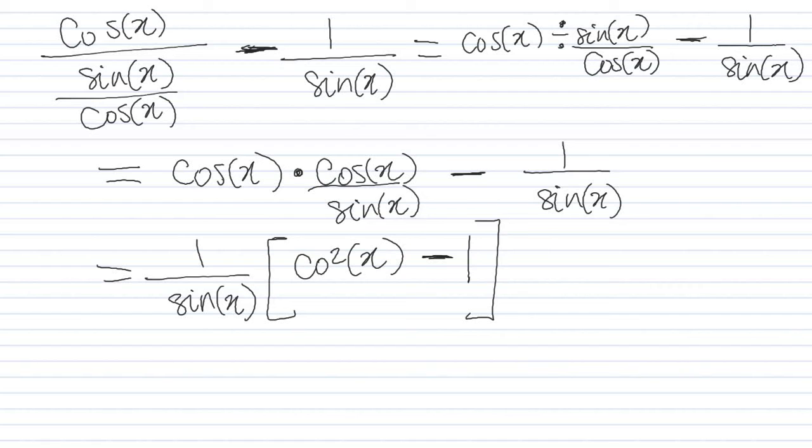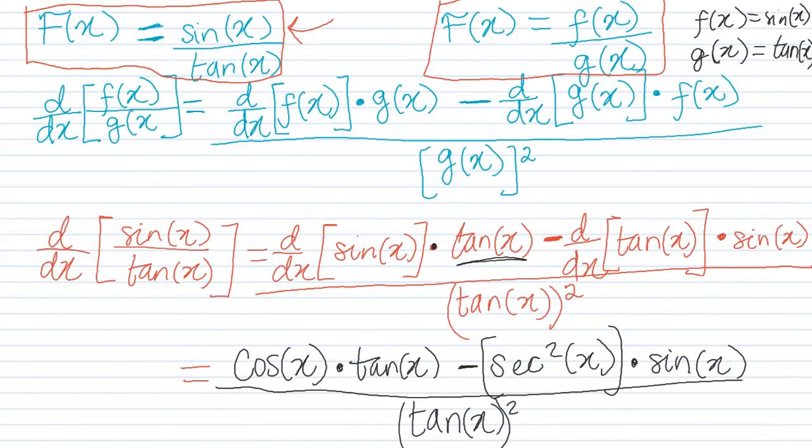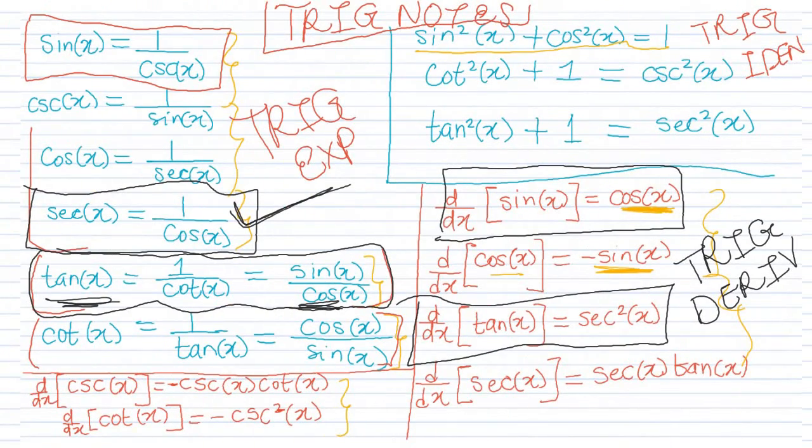But then we're not done, because we can try to see if we can do more to this. When we look at our trig notes, let's see if we can simplify further. From our trig notes, when we look at trig identities, since we're dealing with how one trig function that is squared relates to another trig function that is squared, we see that sine squared x plus cosine squared x equals 1, right?